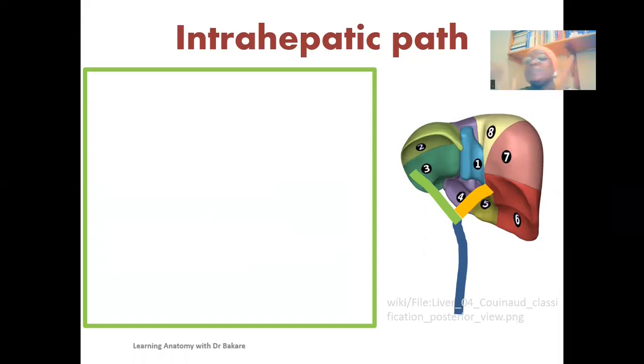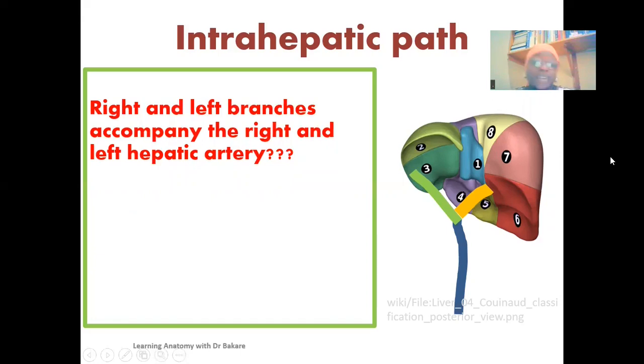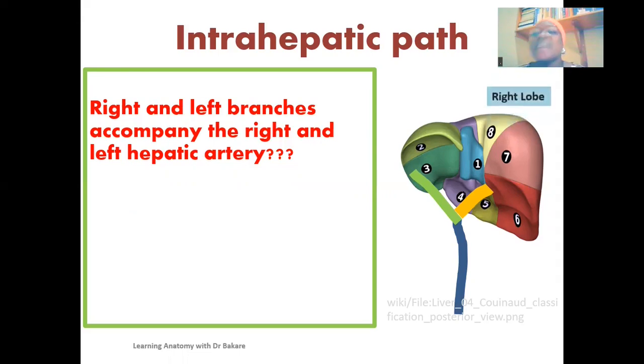We know that the liver is divided into lobes, and the lobes are further subdivided into hepatic segments. We have the right and the left branches of the portal vein accompanying the right and the left branches of the hepatic artery. This is the right lobe and this is the left lobe. So this is the right region and this is the left region. And of course, we know that the lobes are further subdivided into hepatic segments.